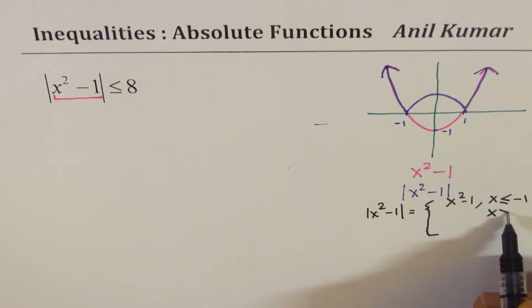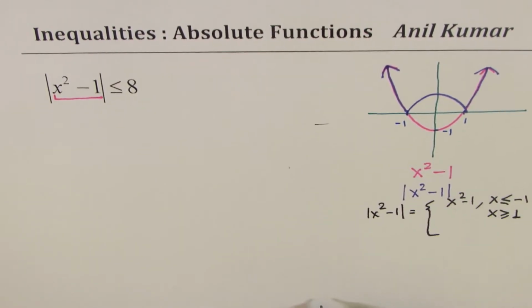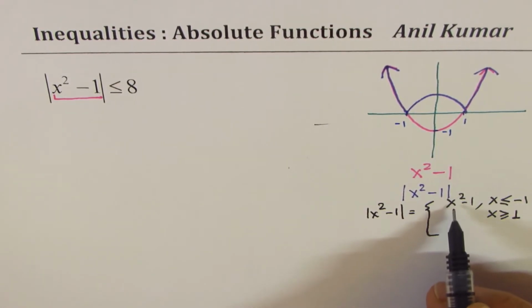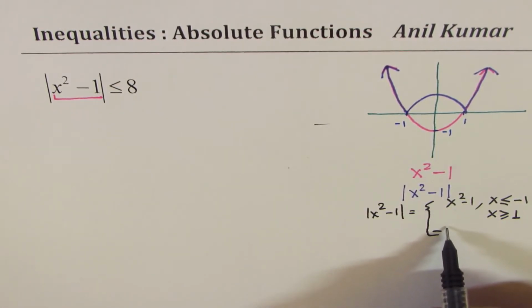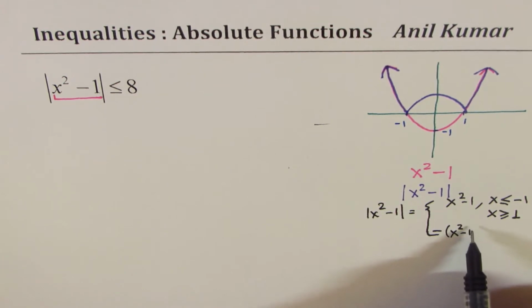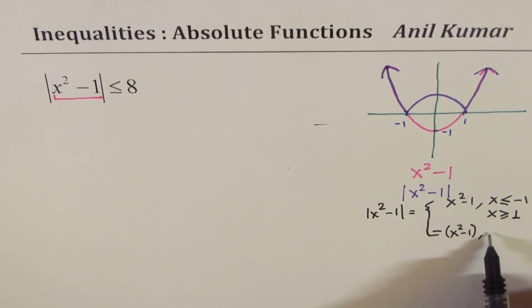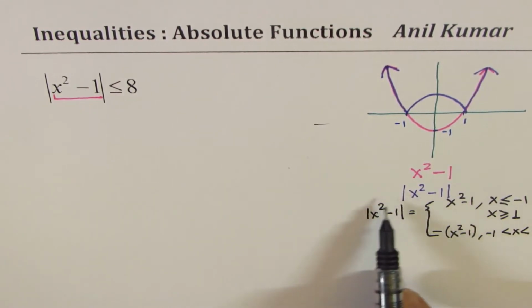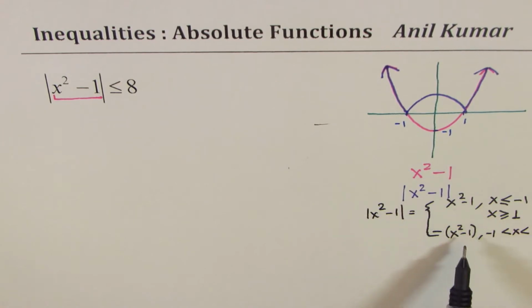Or when x is greater than or equal to plus 1. In the center, it becomes the negative of this value, which is negative of x squared minus 1, when x is between minus 1 and plus 1. Do you see that? So that is how this function is defined.